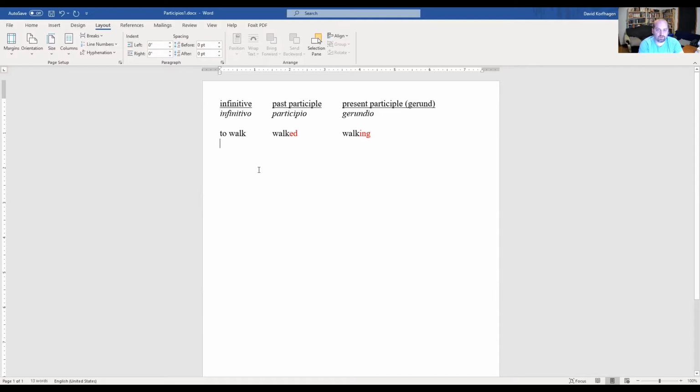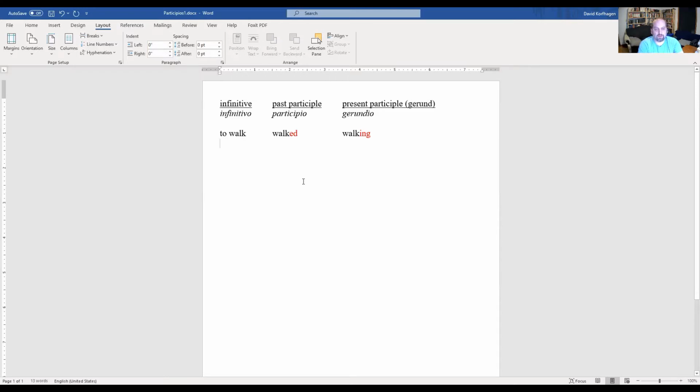So notice also, in a lot of cases in English, the past participle is going to look a lot like the past tense, right? So if I say I walk and then yesterday I walked, we can't tell by the form whether it's the past tense or the past participle, right? So we would say I walked, or as a past participle, I have walked. It's the same form.